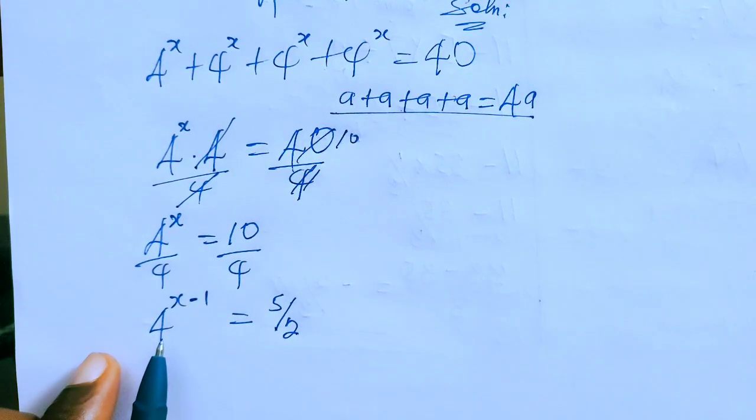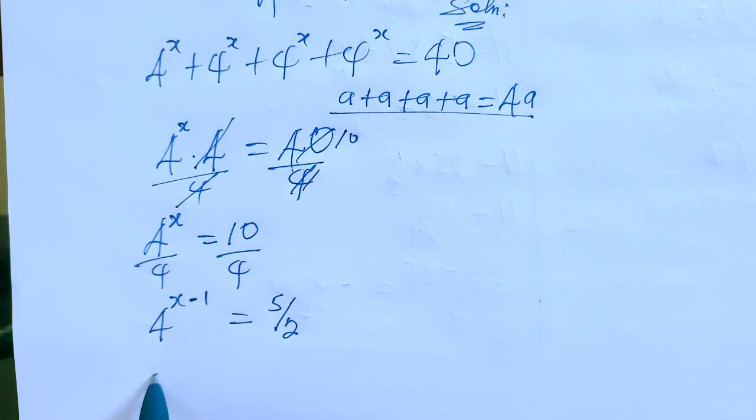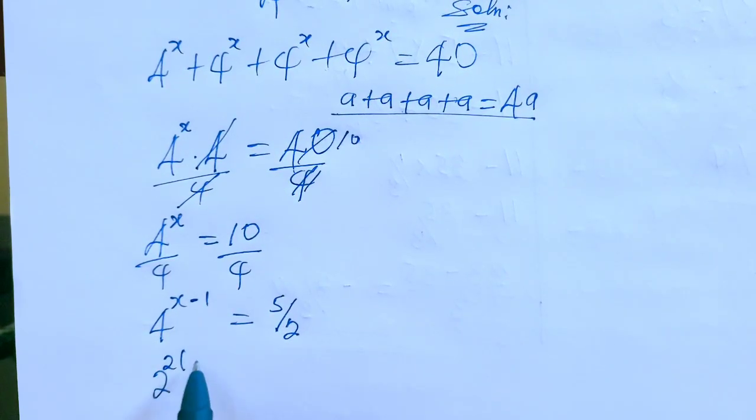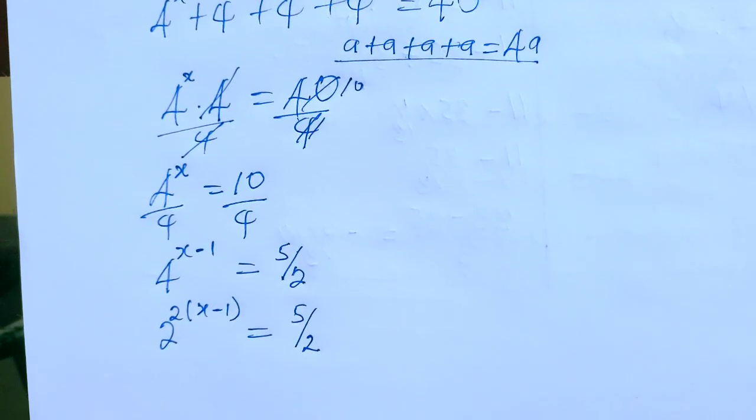Then at this point, I'll take 4 to base 2. I'm going to have 2 to the power of 2 into x minus 1 equals 5 all over 2. And at this point, I'll multiply this power out, and I'm going to have 2 to the power of 2x minus 2 equals 5 all over 2.